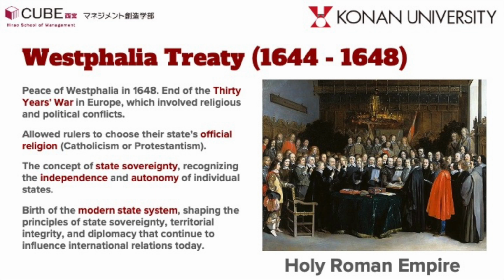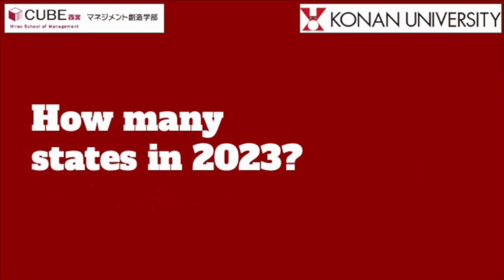So the concept of state sovereignty, which recognizes the independence and autonomy of individual states, was the key concept here. And currently, most of the world aligns itself along these lines of states. So, how many states are there in 2023?